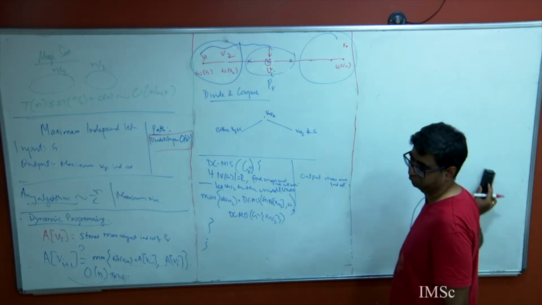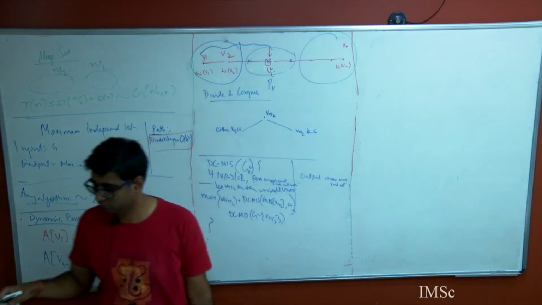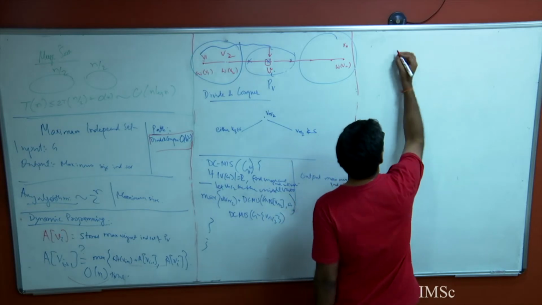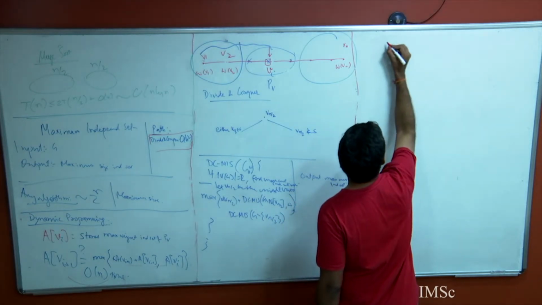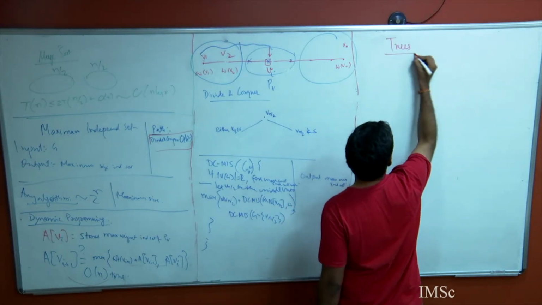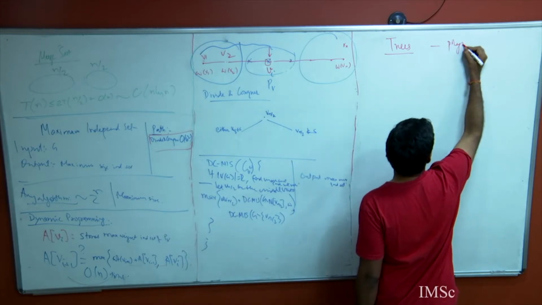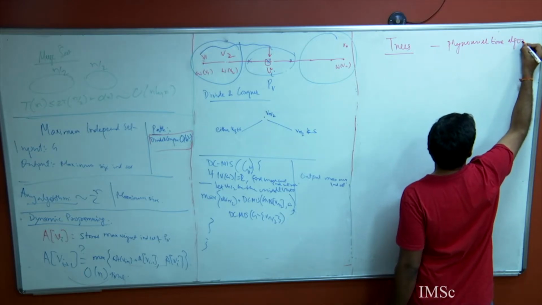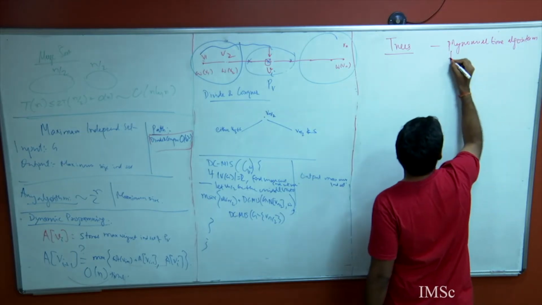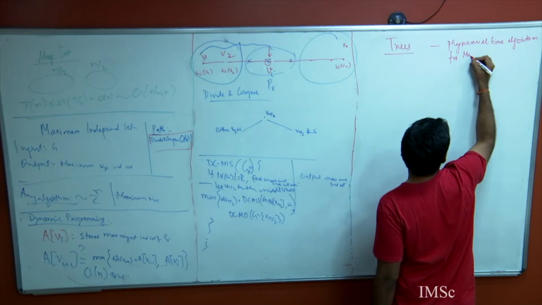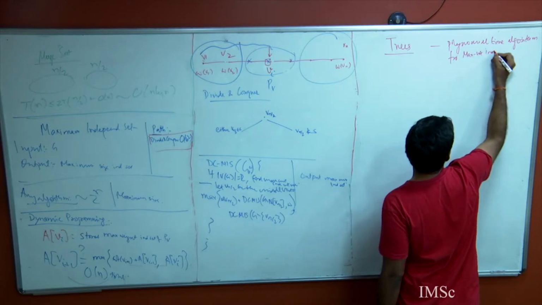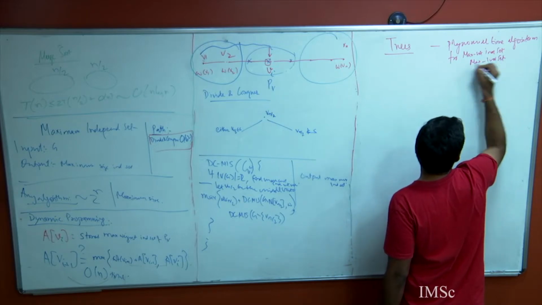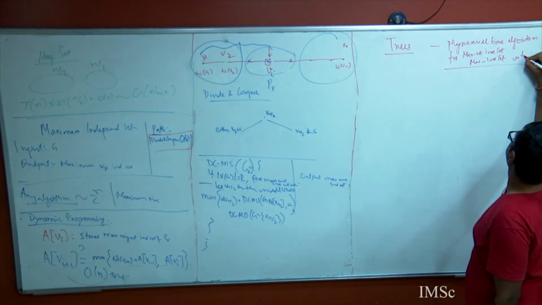And I want to get a polynomial time algorithm for max weight independent set or max independent set, doesn't matter, on trees.